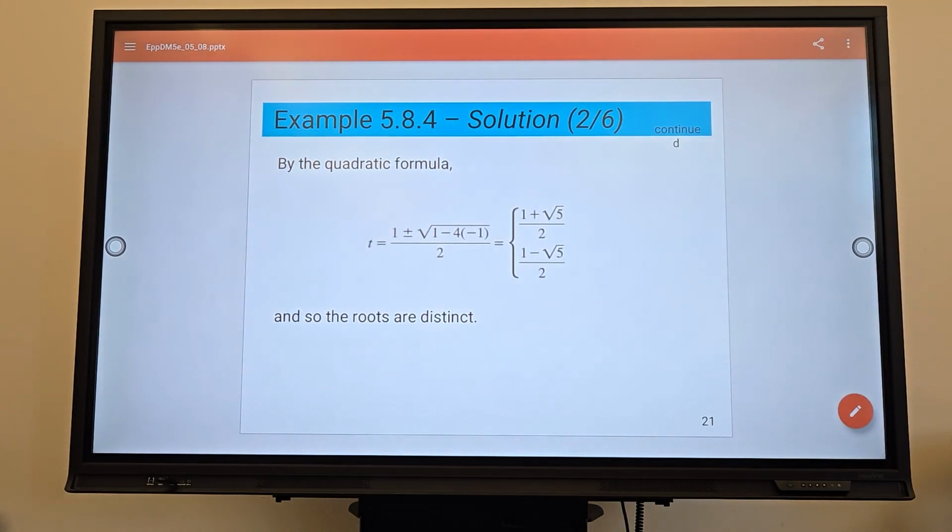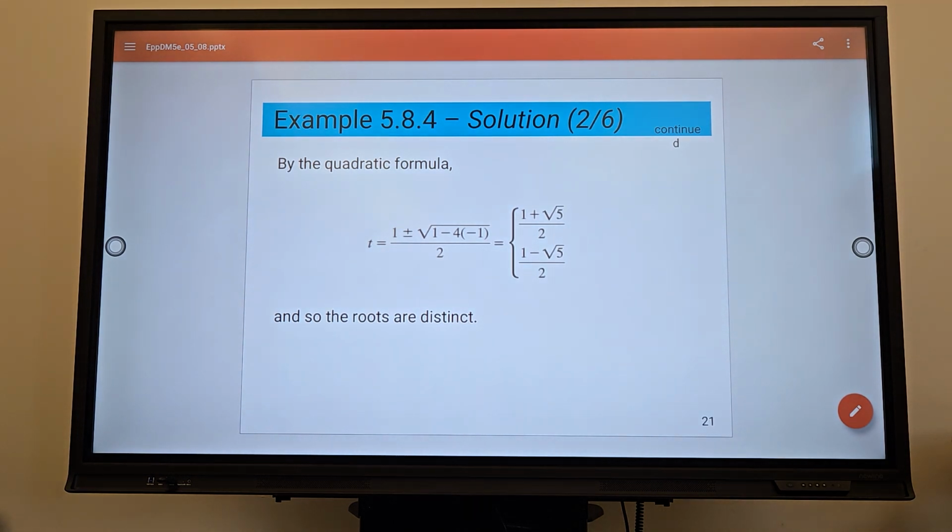By the quadratic formula, t equals 1 plus the square root of 5 over 2, or 1 minus the square root of 5 over 2. And so the roots are distinct.